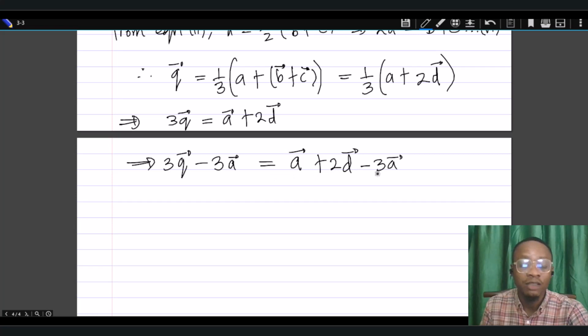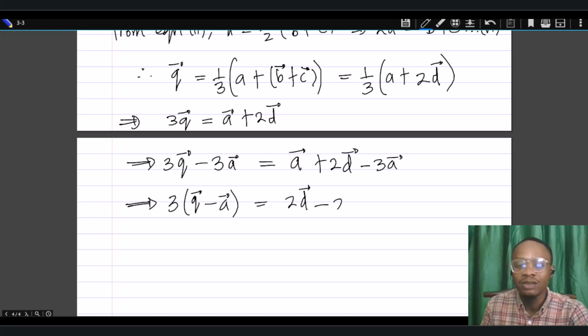So we have to add minus 3A to both sides for consistency of our equation. This becomes 3 into Q minus A is equal to A minus 3A plus 2D. We know this will be 2D minus 2A, because A minus 3A becomes minus 2A. So from here, we can see that 3 into Q minus A is equal to 2 into D minus A.